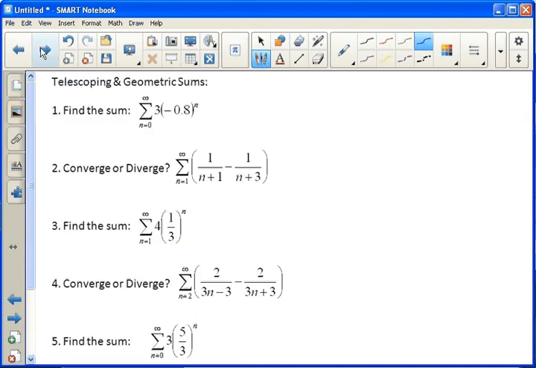Okay, second category was telescoping and geometric sums. So we need to find the sum. For a geometric series, if we're starting at 0, we use the formula a over 1 minus r. So for this one, it'll be 3 over 1 minus negative 0.8.